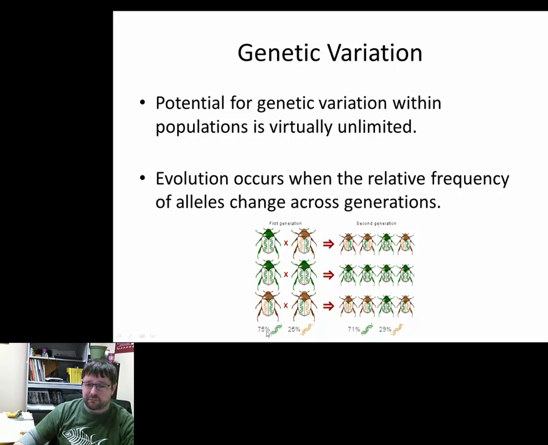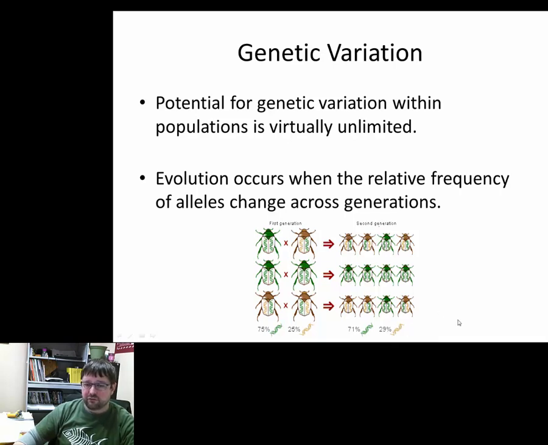So maybe it's 75% dominant, 25% recessive in the original population. If in the next generation something happened, maybe natural selection took place, maybe sexual selection took place, and you're changing the frequency of alleles, so now instead of 75% dominant, you have 71% dominant, you have a population that is going through evolution.